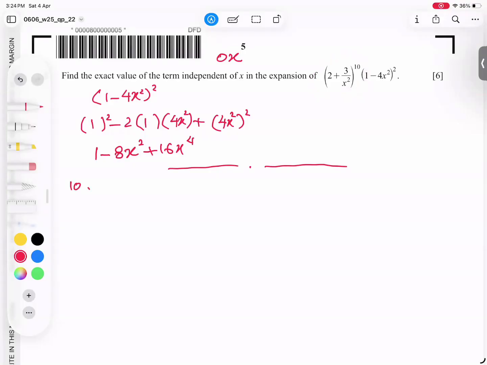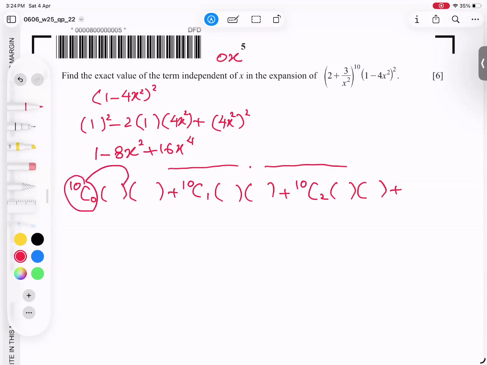So 10C0, 2 brackets, 10C1, 2 brackets, 10C2, 2 brackets. Now we don't know how much we have to expand; I will decide. Wait a minute, please. So 10 and 0 difference will come on top, and 10 minus 0 and 0 will come on the second bracket.